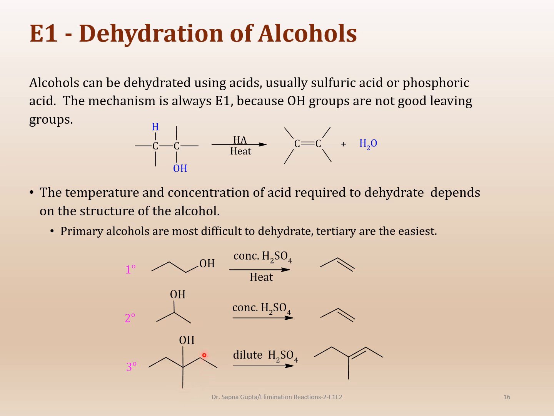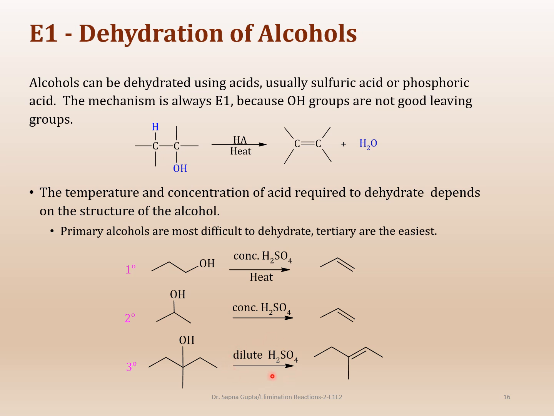As you think about the mechanism of the reaction, which clearly says E1, it tells you that it is a carbocation mechanism, because a primary alcohol will not give you a primary carbocation, and that's why this is a very harsh condition. A tertiary alcohol, on the other hand, as you follow the E1 mechanism, will give you a tertiary carbocation, which is very stable and easy to form.